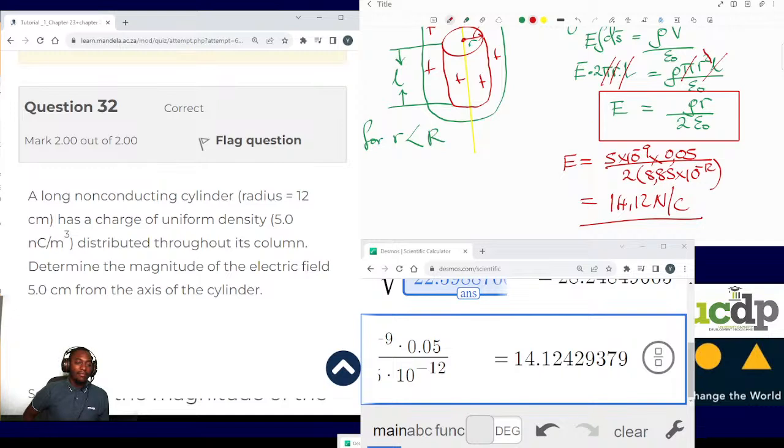Hence, our Gaussian surface covers 5 centimeters so that we include the charge distribution within a radius of 5 centimeters.